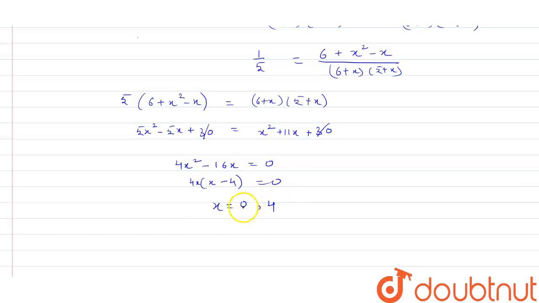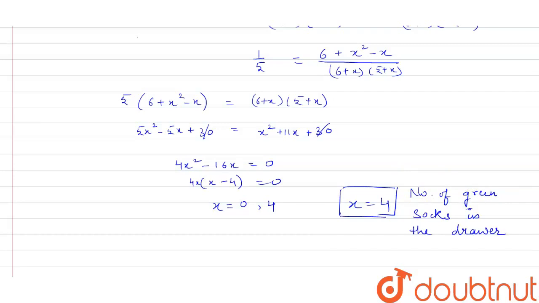X can't be 0 because they have already told in the question that it is greater than 0, a certain number. So X will be equal to 4. And what is X? X is the number of green socks in the drawer.